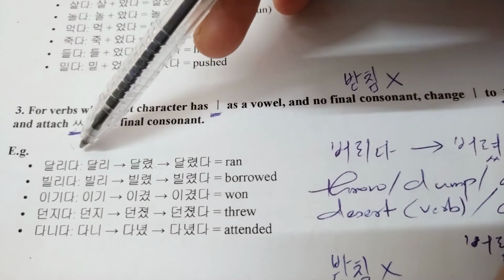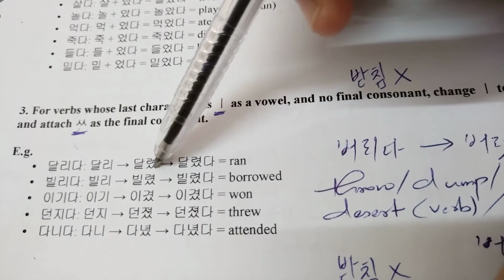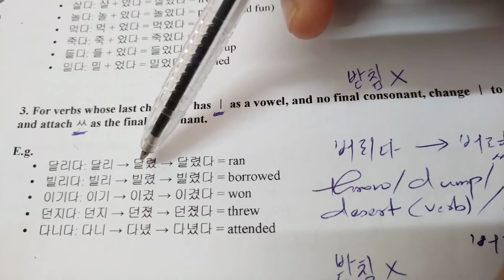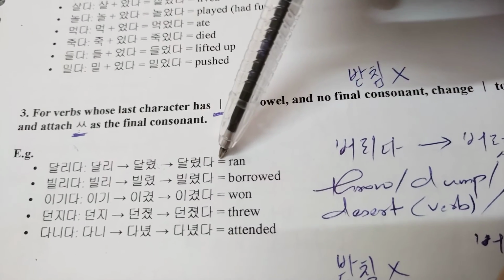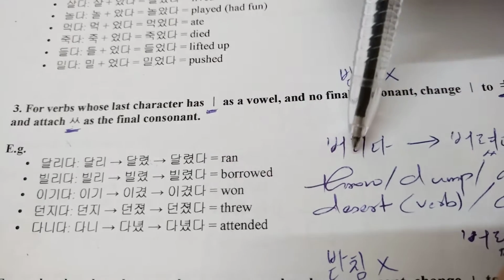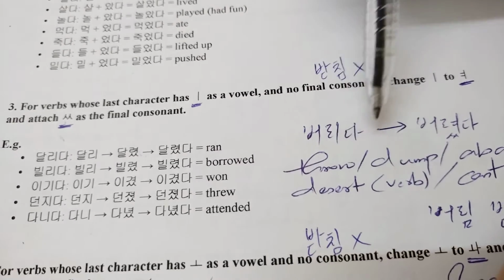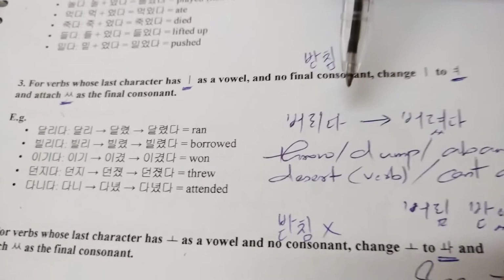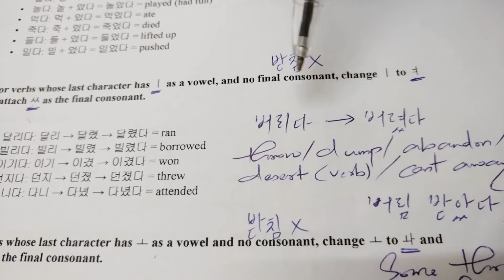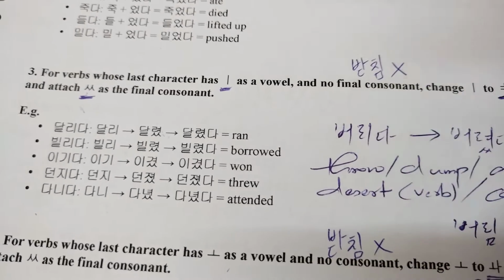So 달리다, 달리 would become 달려, and once you add ㅆ as batchim, it becomes 달렸다. 빌리다, 빌렸다. 버리다, 버렸다. 버리다 means throw, dump, abandon, desert someone, cast away someone, something like that.